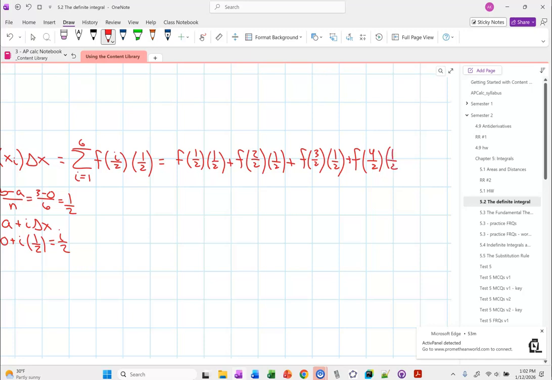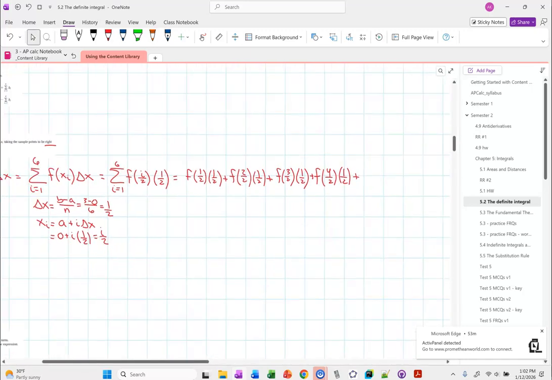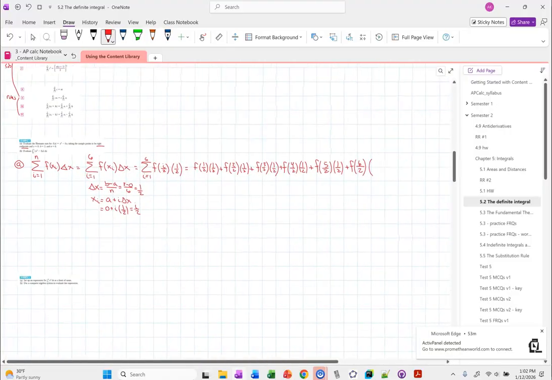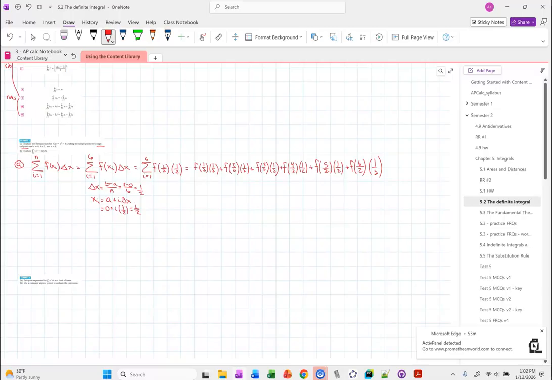This is not easy to see what's going on if you're not super comfortable with summation notation. So I can do that. Is everybody still okay with where I've gotten to?